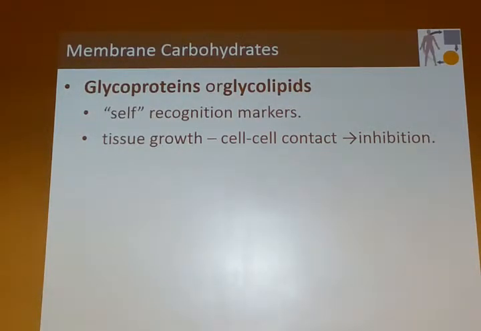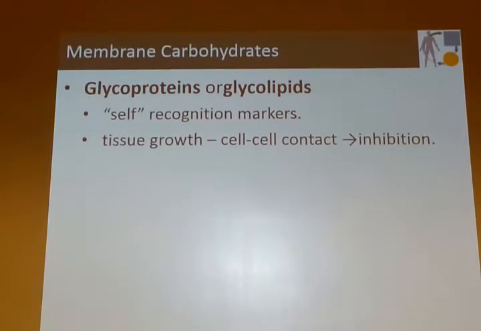So glycoproteins, glycolipids. You stick a protein in the plasma membrane and then attach a carbohydrate, which is a string of glucose molecules on the surface that's probably branching. This is a protein, this is carbohydrate, now it's glycogen because it's a string of glucose molecules.